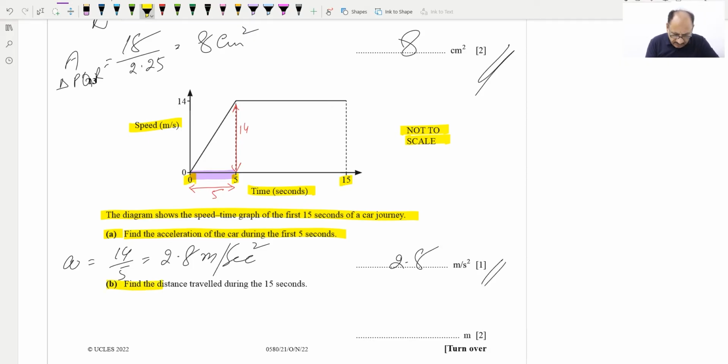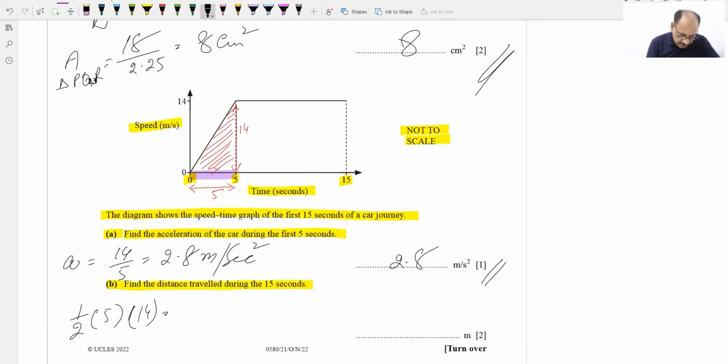For part b, find the distance traveled during the 15 seconds. First we'll find the distance covered by this part. This will be a triangular shape, so we can apply half into base into height. So 1 by 2 into base is 5 and height is 14.